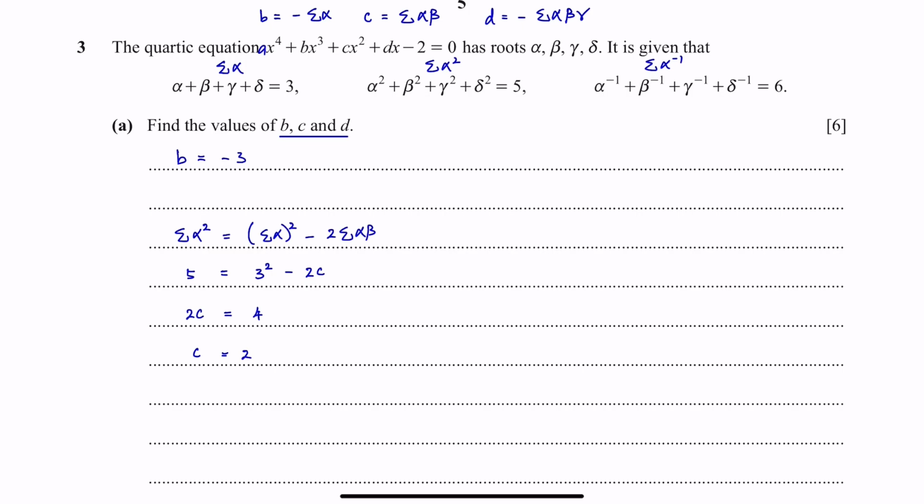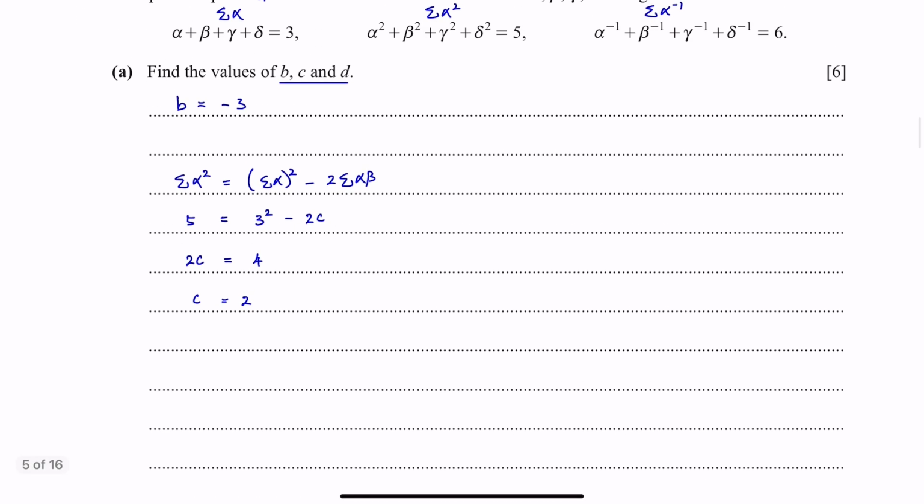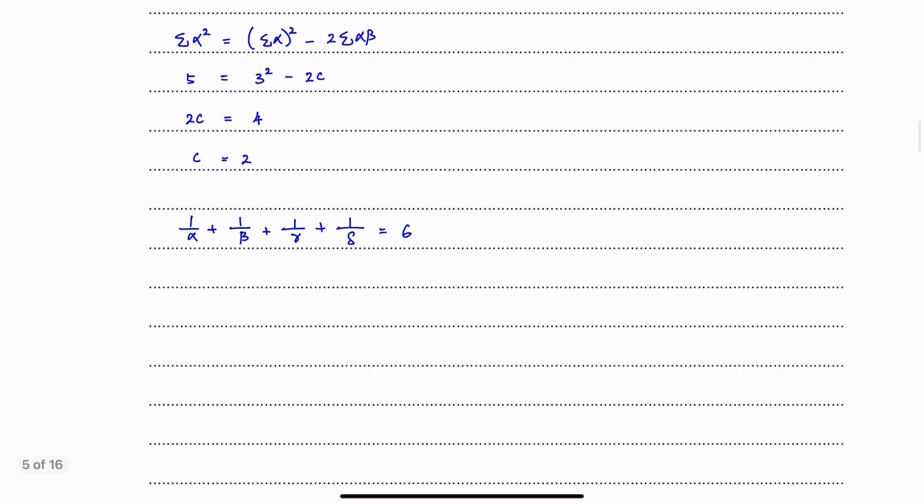Okay, and for the last part, to find d, it's slightly harder. So let's copy this equation here first. 1 over alpha plus 1 over beta plus 1 over gamma plus 1 over delta is 6. So let's make it into one fraction.